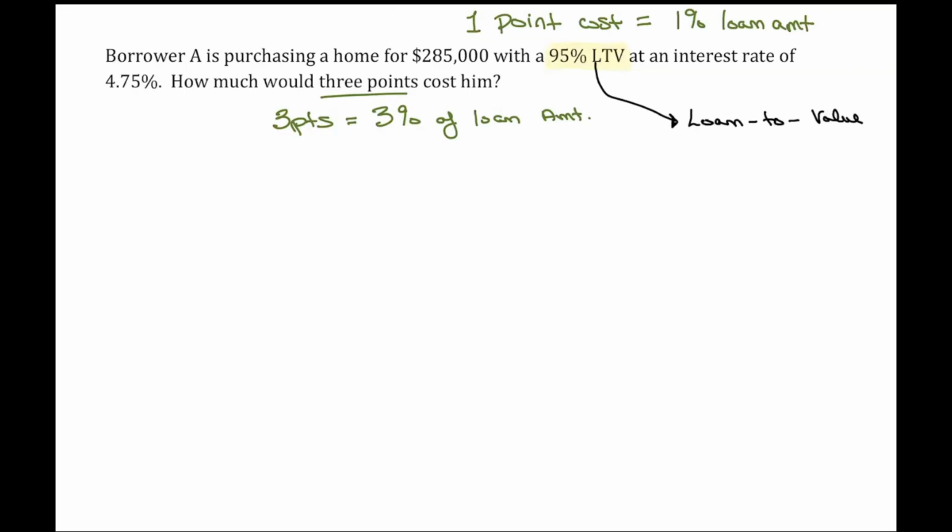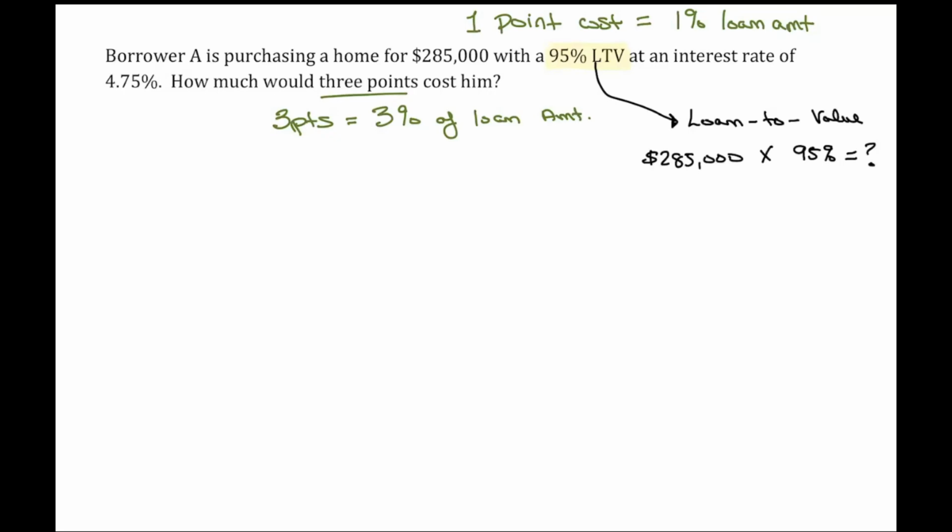And if they're buying this house for $285,000, how do we find 95% of that? How do we find 95% of 285,000? Of usually is a keyword for multiplication, right? Very good. Yes.